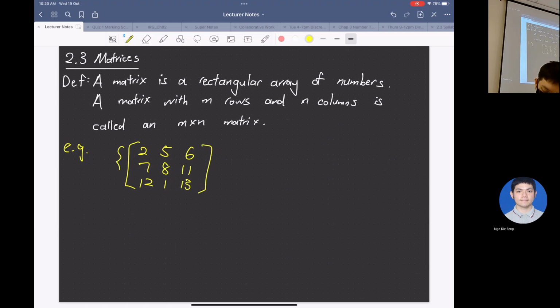Here we got 3 rows and 3 columns, so it's 3 times 3. If m equals n, then it's called a square matrix, which the example above is.